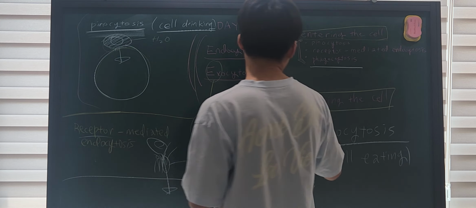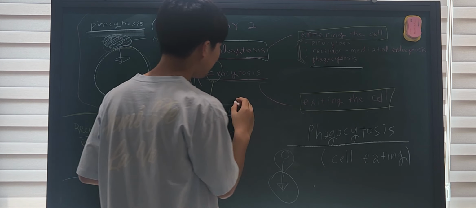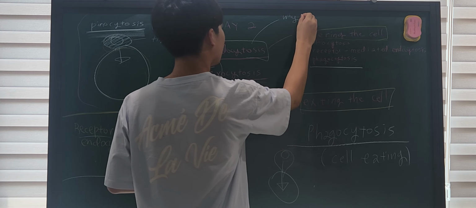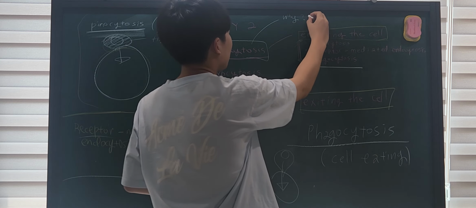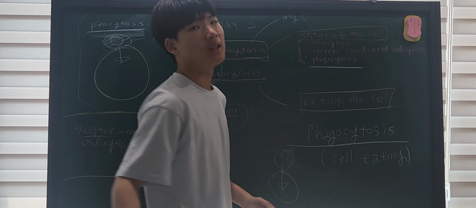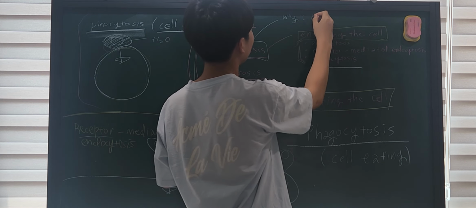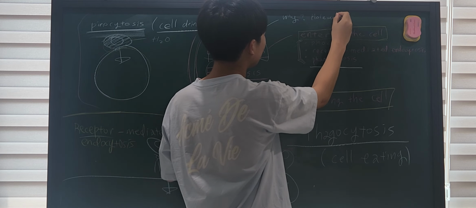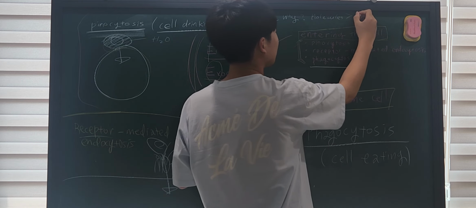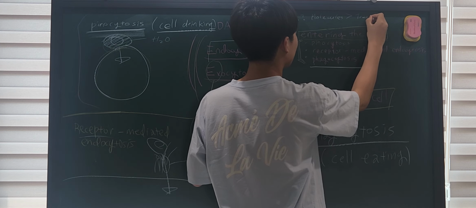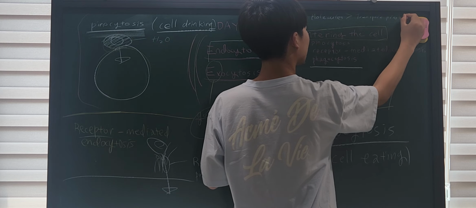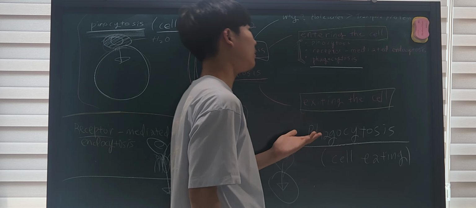And one more thing to know, endocytosis happens because there are lots of molecules that are too big to enter through the transport proteins or the cell membrane.